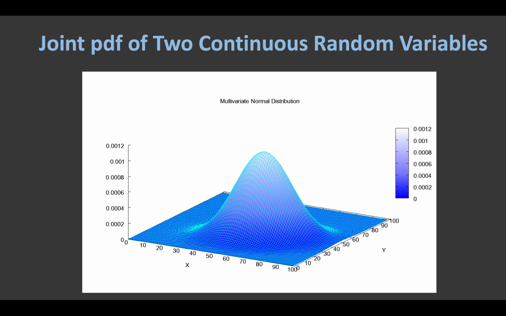If you take a slice at any value of X or Y, we'll talk more about this later, that gives you a normal distribution. It always gives you a normal distribution, right?